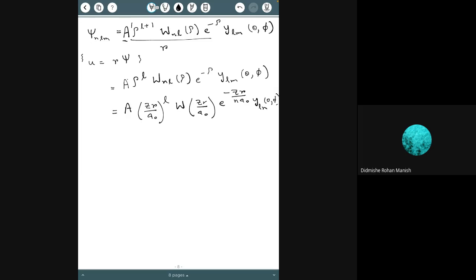I hope this is correct because I'm just copying it out. Haven't really worked it out yet. One minute. So NLM is approximately this.